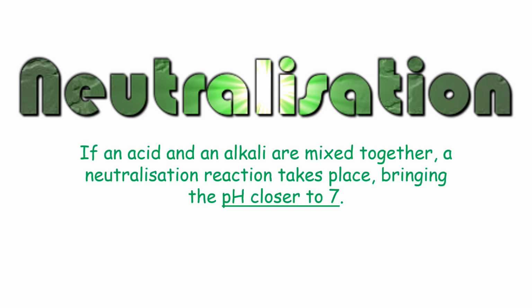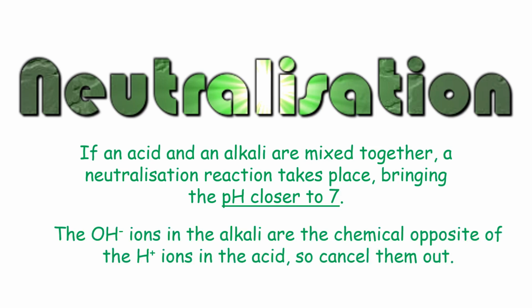If an acid and an alkali are mixed together, a neutralization reaction takes place, bringing the pH closer to 7. The hydroxide ions in the alkali are the chemical opposite of the hydrogen ions in the acid, so they cancel them out. This will continue until the substance reaches pH 7, at which point neutralization will be complete.